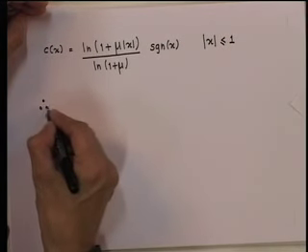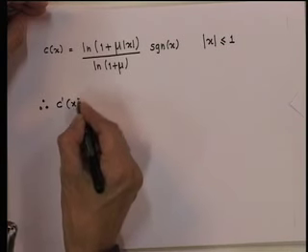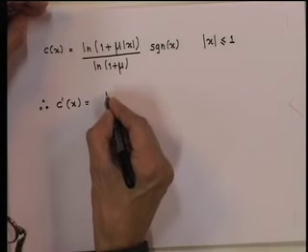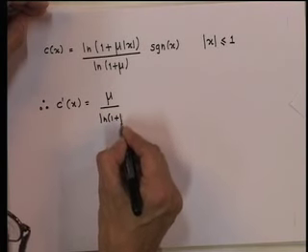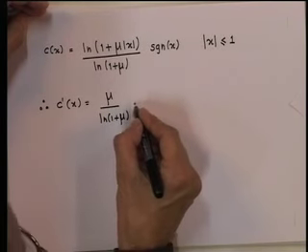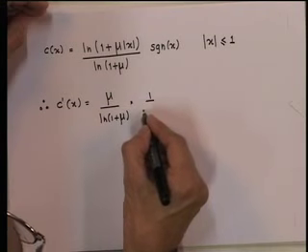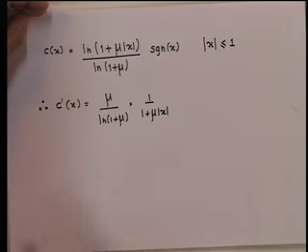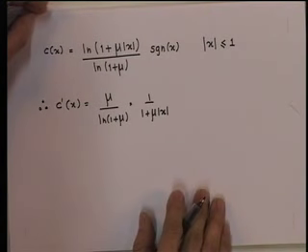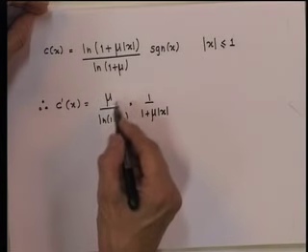And therefore, c dash x is equal to mu by log 1 plus mu times 1 by 1 plus mu times mod x. The parameter mu is a large number.